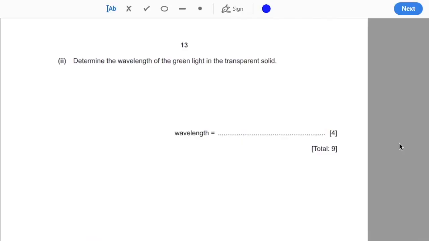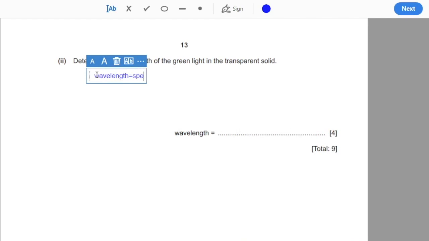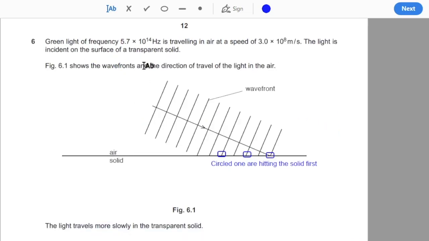Part 2, determine the wavelength of the green light in the transparent solid. So there will be a decrease in the wavelength as soon as the light enters the solid. Firstly, we need to find the wavelength of the green light in the air. To find the wavelength, the formula is wavelength is equal to speed divided by frequency. Speed and frequency were given to us in the very beginning of the question, this is the frequency, this is the speed.